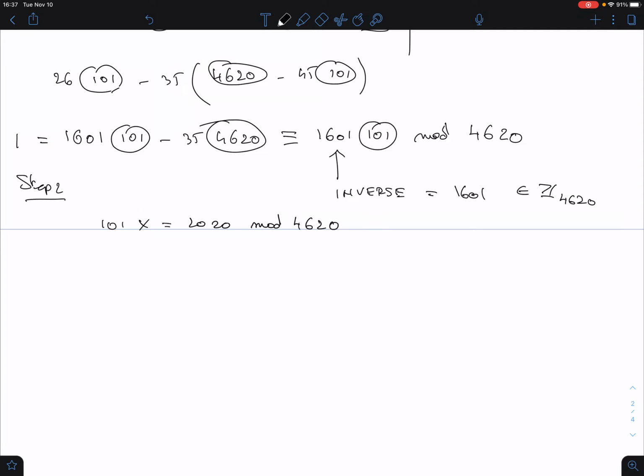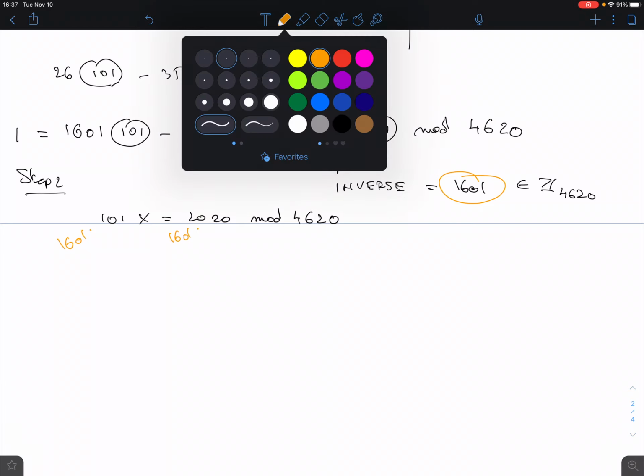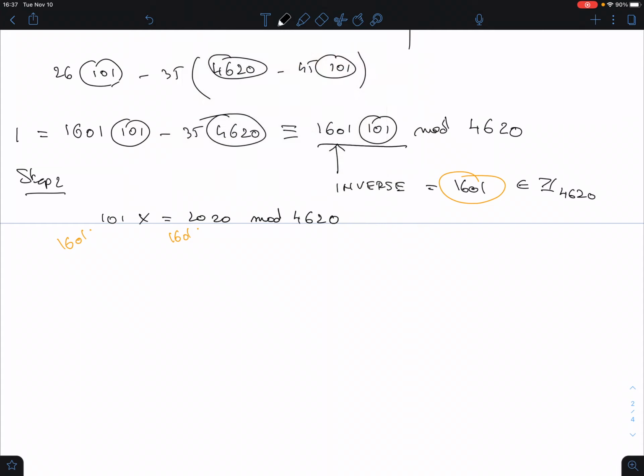We multiply both sides with this inverse, 1601. So 1601 times this and 1601 times that. Now, the first one I'm not going to calculate because I know the answer. What is the answer? 1, right? Because that's the whole purpose. That is exactly what I've been doing here. This is 1. So this whole thing is just 1. So we just get x here. Now, the other one, I have to work it out.